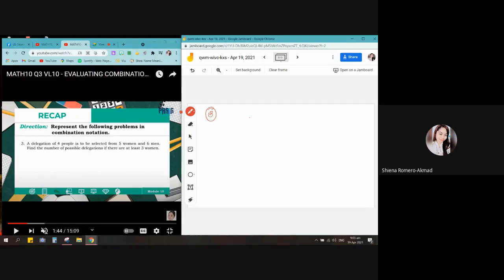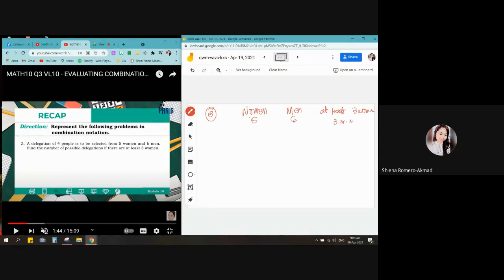Remember that there are 4 people to be selected from women and men. We have 5 women and 6 men. We have to find the possible number of delegations if there are at least 3 women.